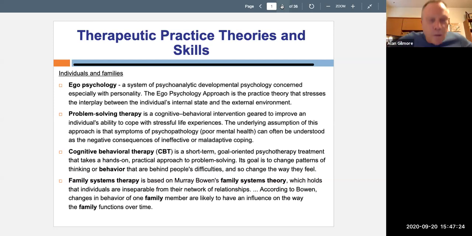And we're back. Cognitive behavioral therapy, similar to problem-solving therapy, is often quite short-term, goal-oriented, a hands-on, practical approach. Cognitive behavioral therapy often involves homework that the clients have between sessions with a therapist. And so they talk about what it is that they'd like to change.